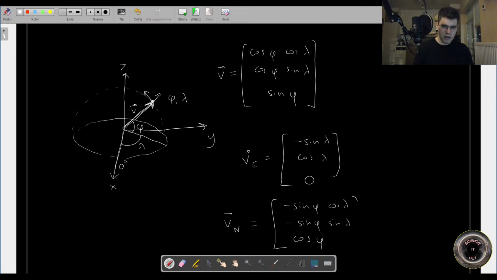Okay, like this. And these should be orthogonal to each other, and yeah, I did a quick check and they are okay. Perfect.